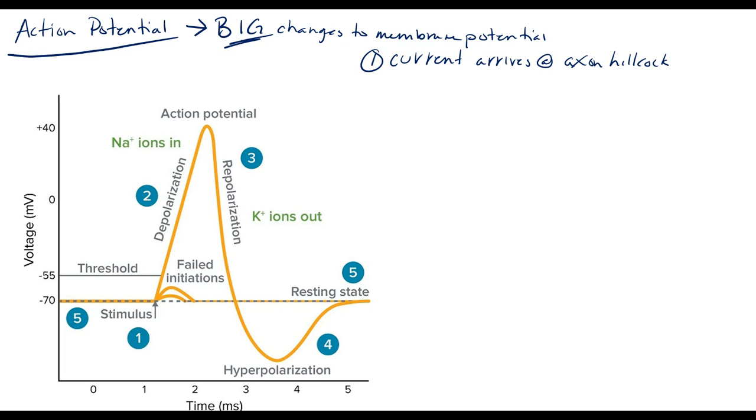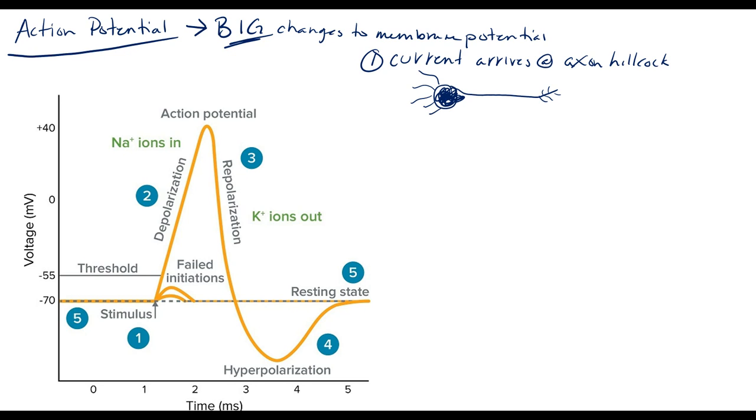Hopefully you remember from when you were looking at the structure of a neuron, it will look something like this. My neuron drawing is terrible, but here is your cell body. This comes down into an axon, which then goes to your axon terminals down here. Off the cell body, you have all these dendrites.